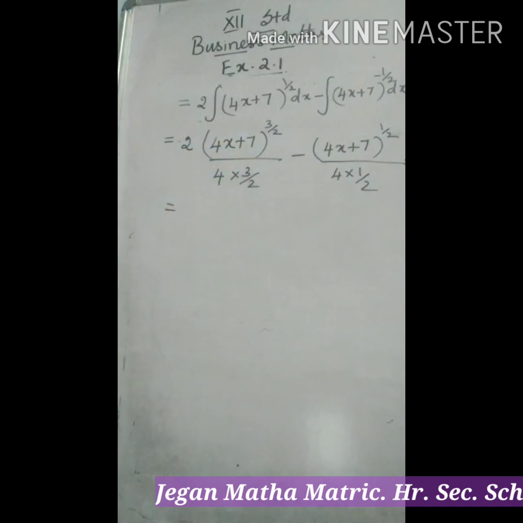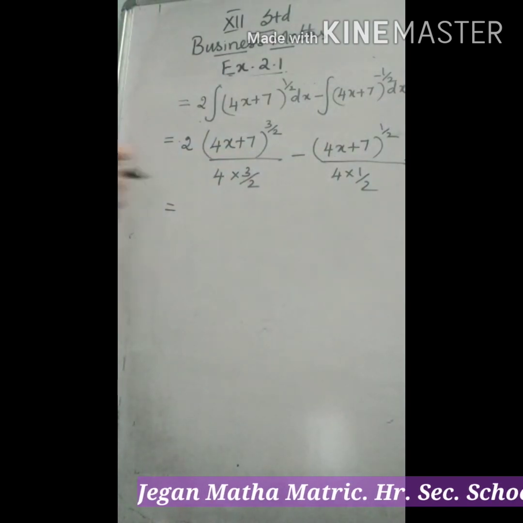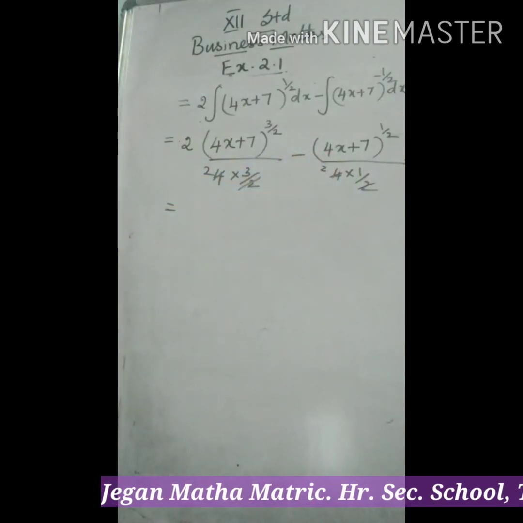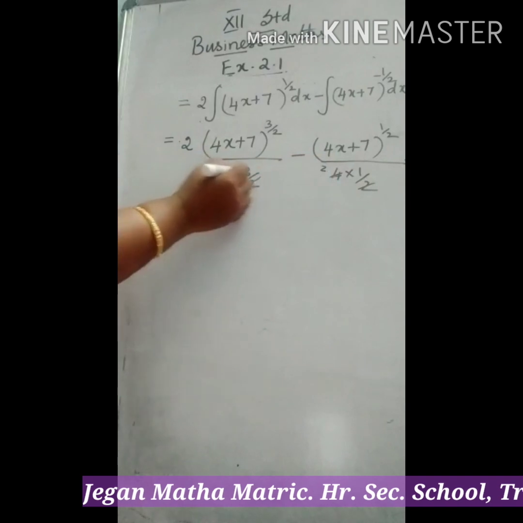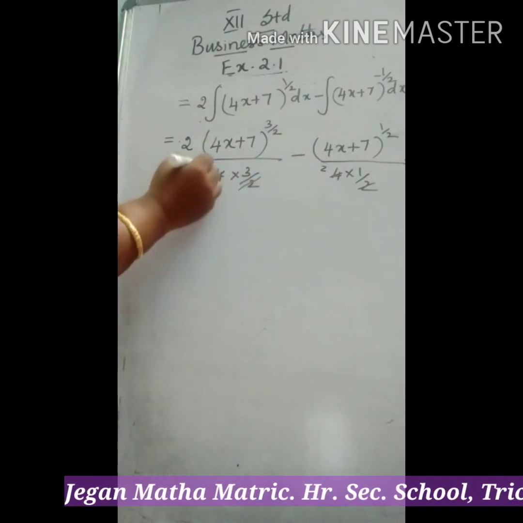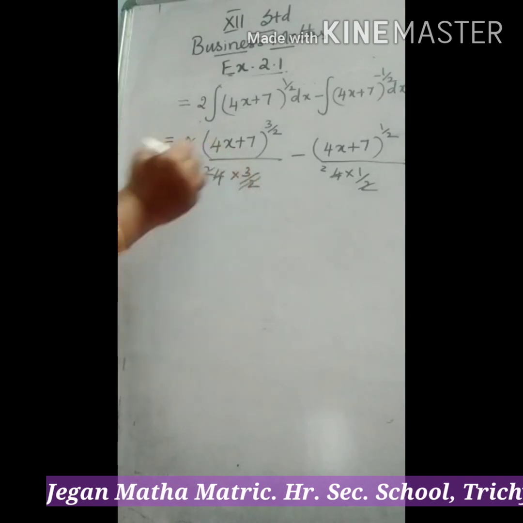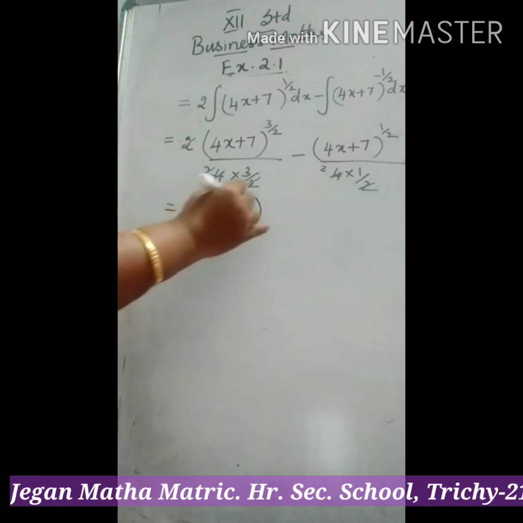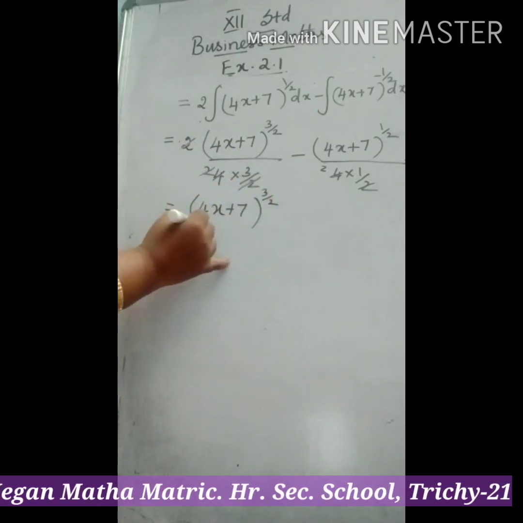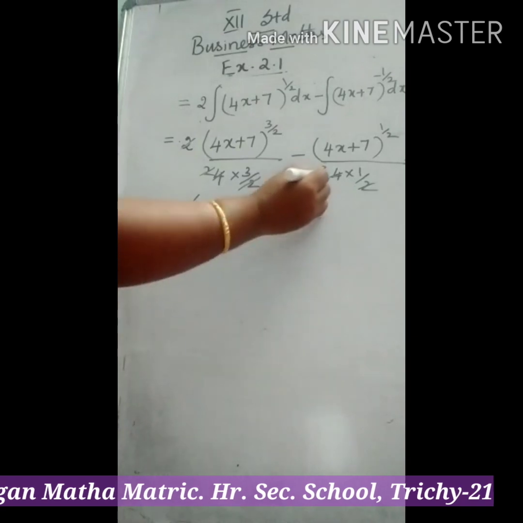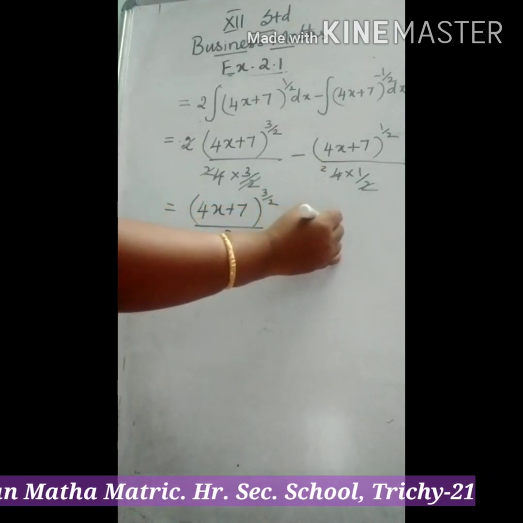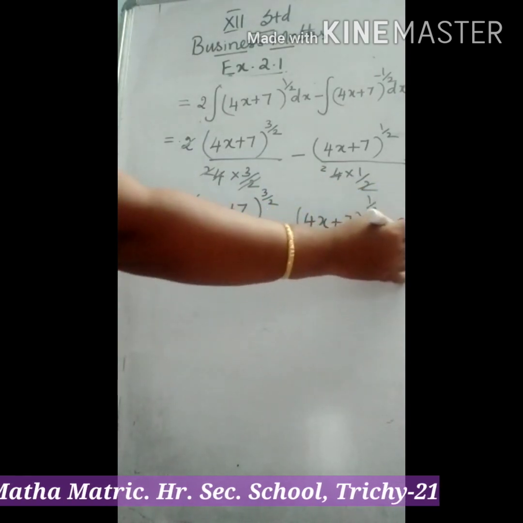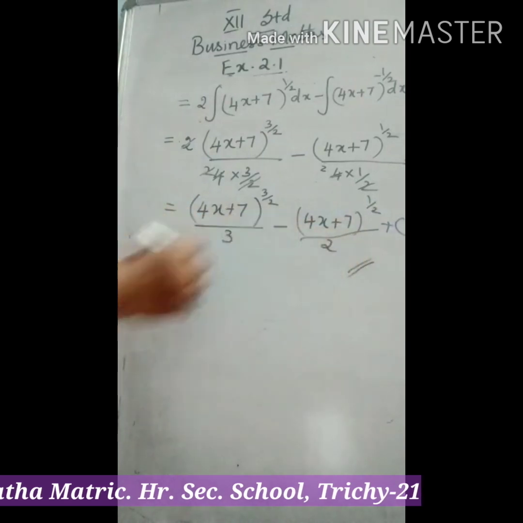What is the answer for this? 2 twos are 4, so cancel here also. 2 threes are 6, so 2 and 2 cancel, and only 3 remains. So the answer is (4x plus 7) the whole power 3 by 2 divided by 3, minus (4x plus 7) the whole power 1 by 2 divided by 2, plus c. This is the answer for the fifth question.